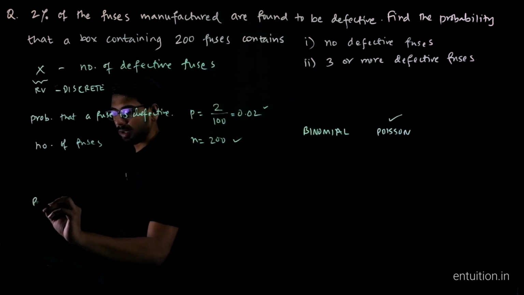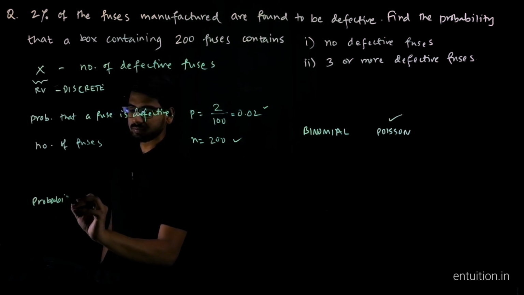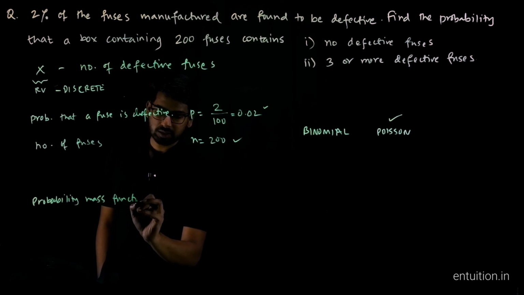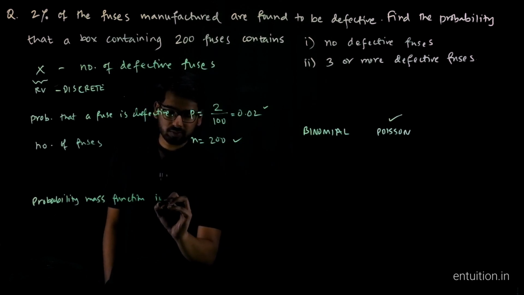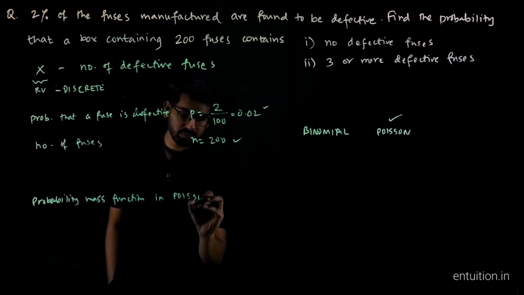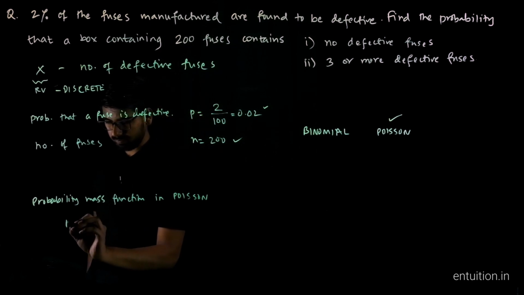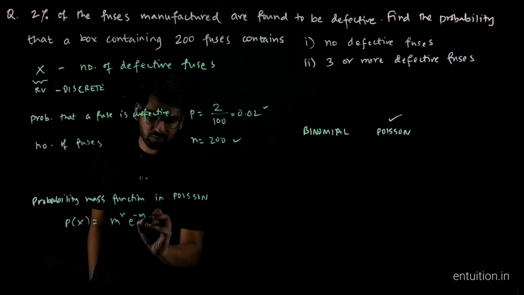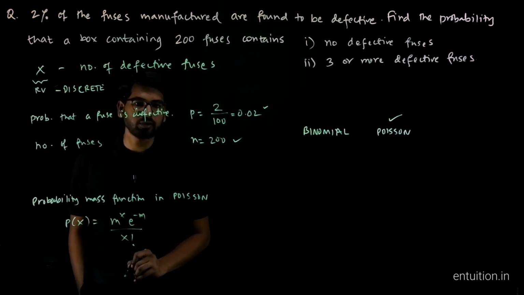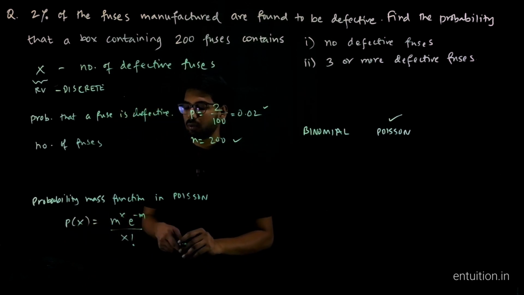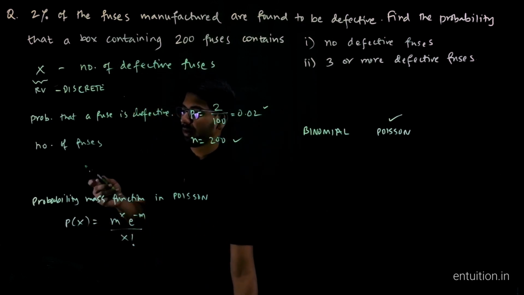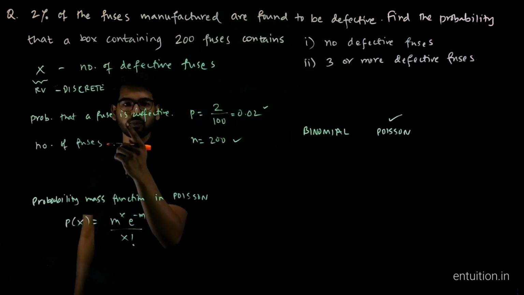We know the probability mass function in Poisson distribution is: probability of x is m power x, e power minus m, by x factorial. So what is m here? m is the mean, the product np.